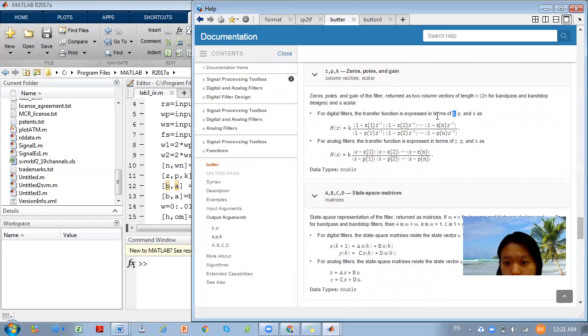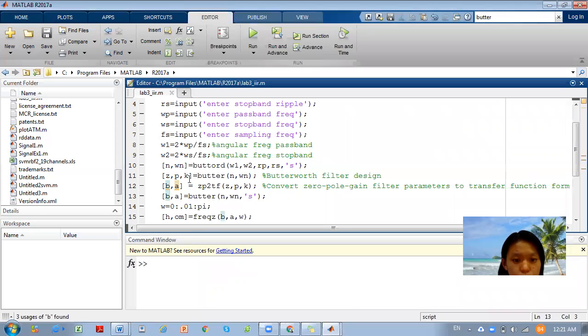So k is a scalar. Your transfer function will be represented like this. For analog, your transfer function will be represented like this, in this form. Okay, clear? So this is why we are using ZPK, Butterworth and Wn.